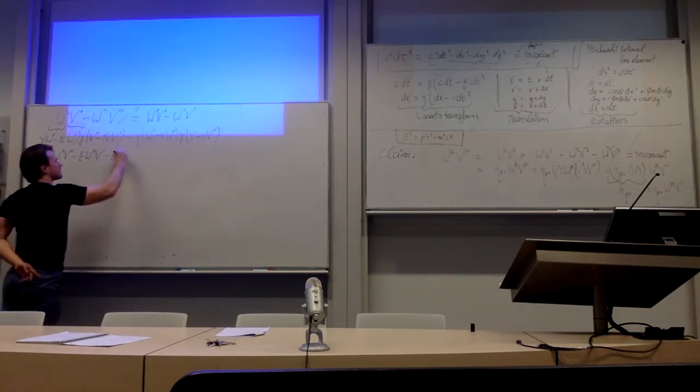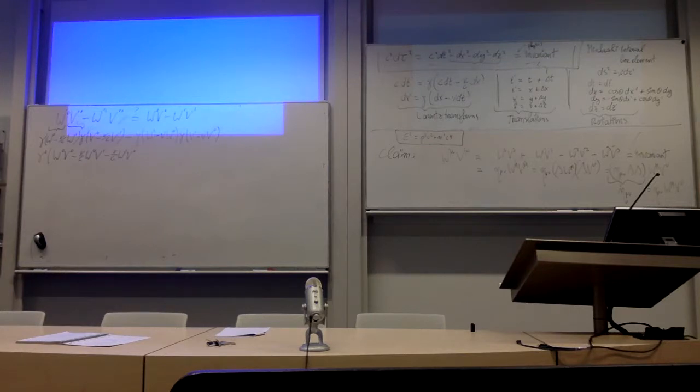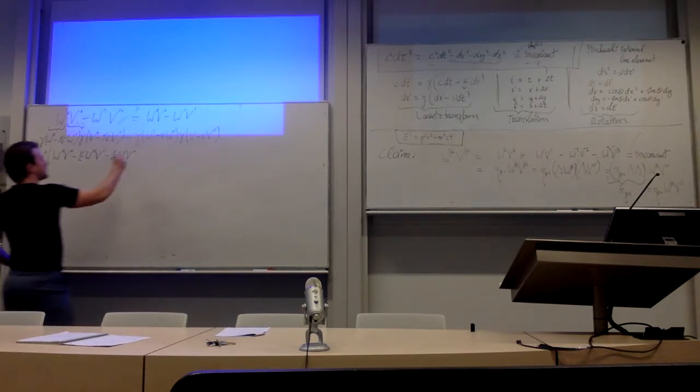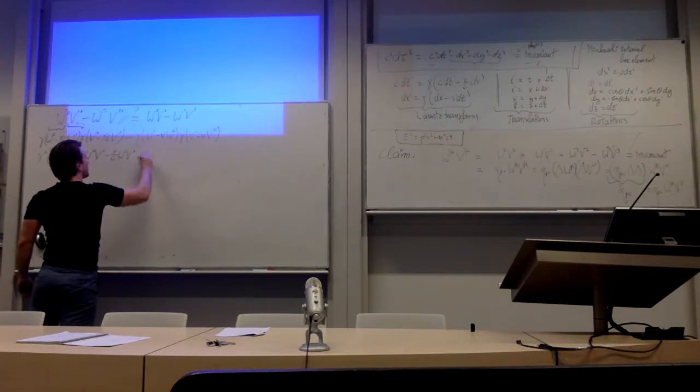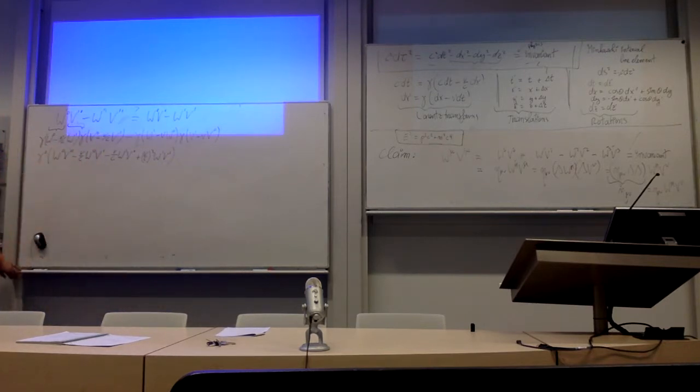By 2? No, not by 2. Yeah, it's the other way around, right? This is correct, right? Yeah. And then plus v squared over c squared w1 v1. Okay, that's this one.